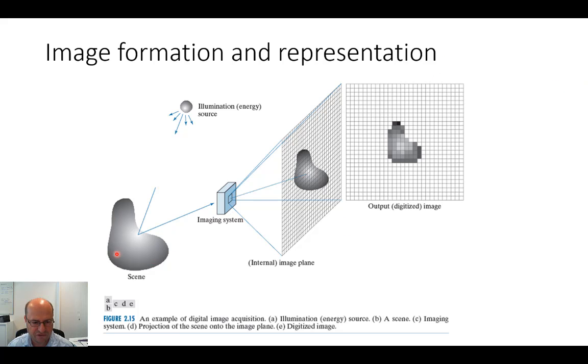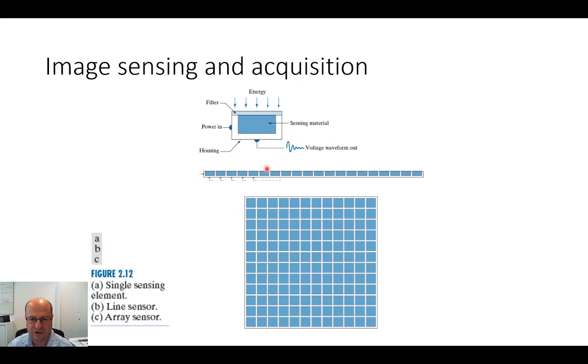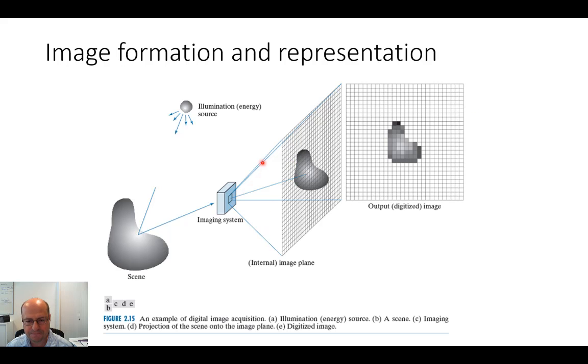Okay, so in a digital image, that's similar, right? We have a scene here, an imaging system, some sort of imaging device, and this is the internal image plane. And the image that's picked up from the real world is now transformed into a digital representation by two processes that we're going to see in the next slide.